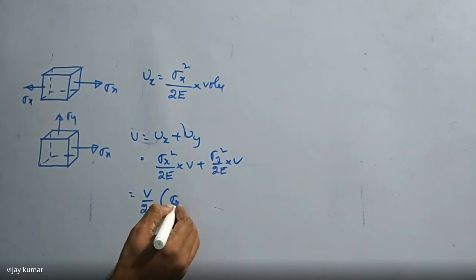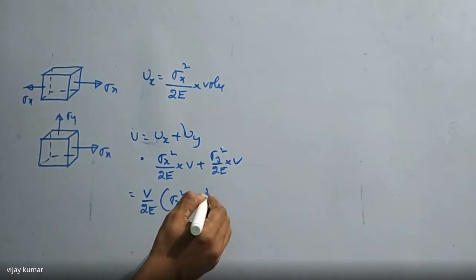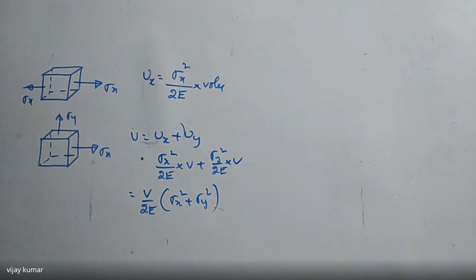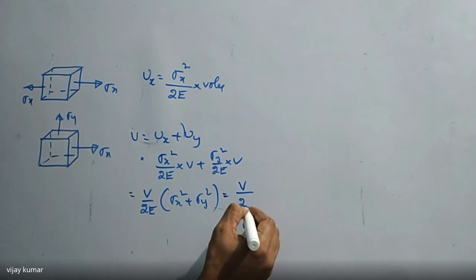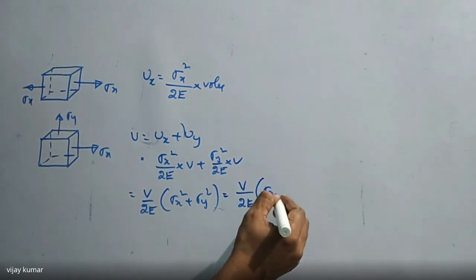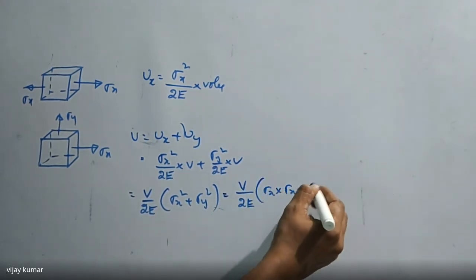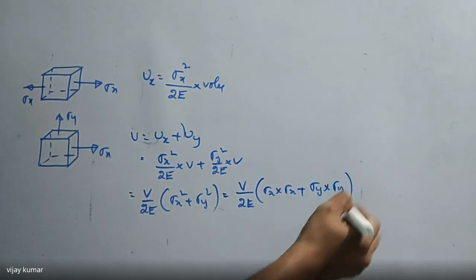Then we write σx² plus σy². Did you get it? But here, what is σx and what is σy? So I'm writing this equation like this: volume divided by 2E into σx into σx plus σy into σy.